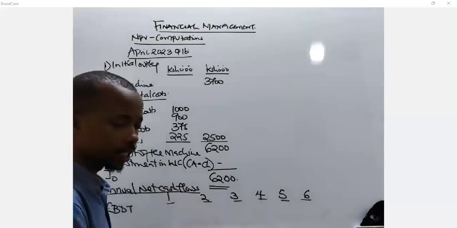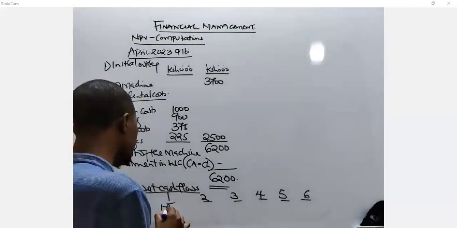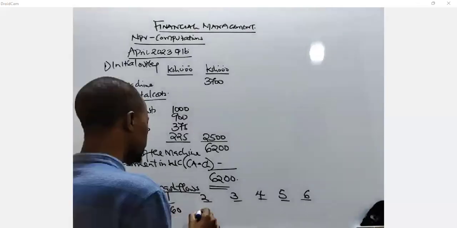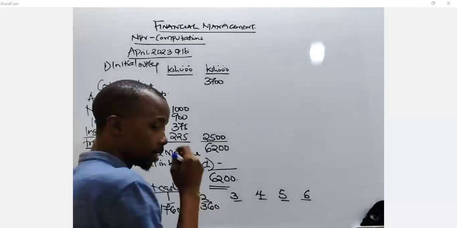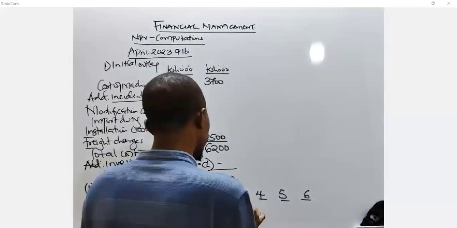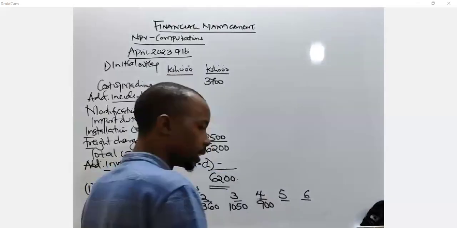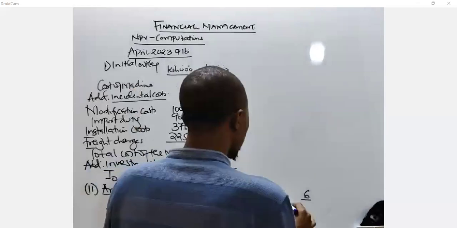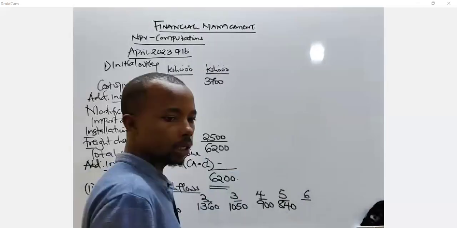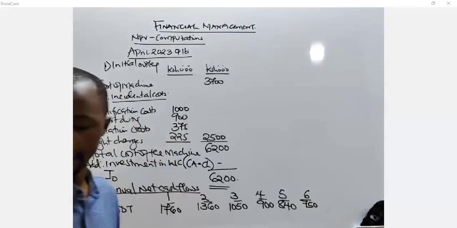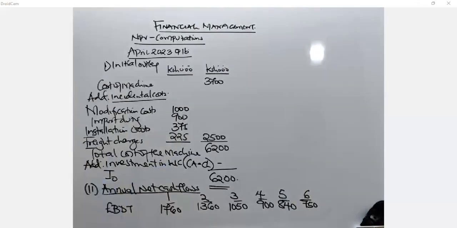In our case, year 1 is 1,760. Year 2, we have 1,360. Year 3, we have 1,050. This has been 900 in year 4. Year 5, we have 840. And then year 6, we have 750. Right? We can be able to less our taxes first.